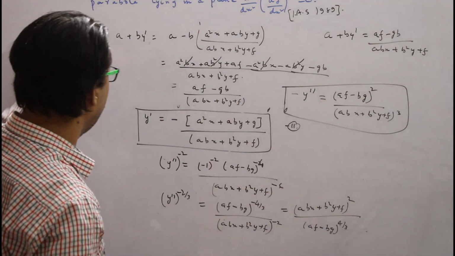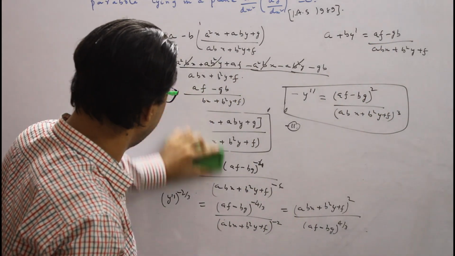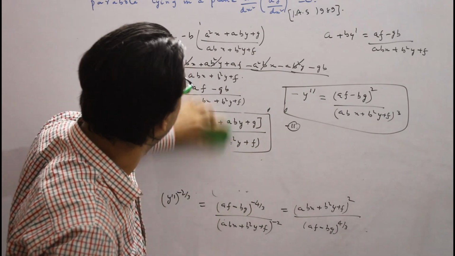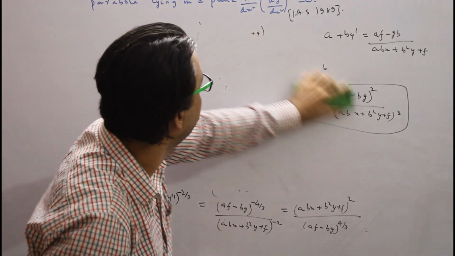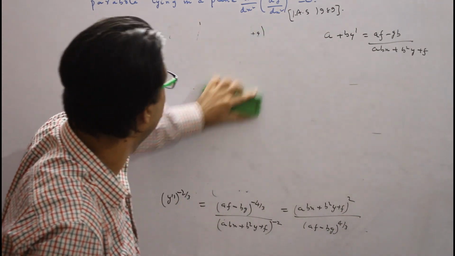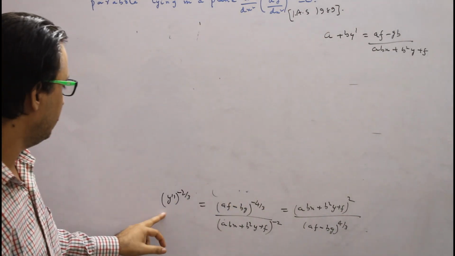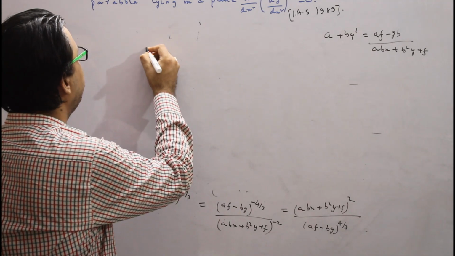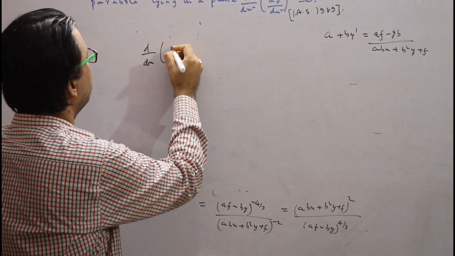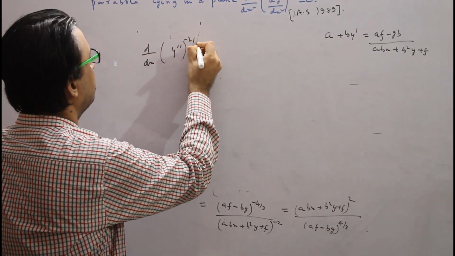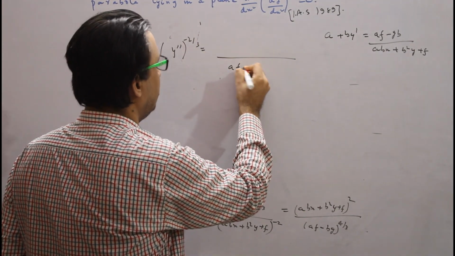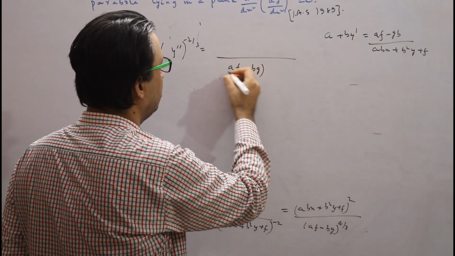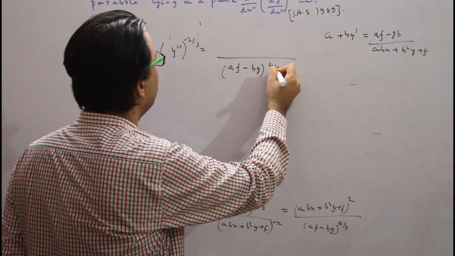Alright, so now I am going to erase all of these portions. So this is the value. If I take the differentiation for this part, minus of 2 with 3, so what I get is (af - bg) to the power 4/3.